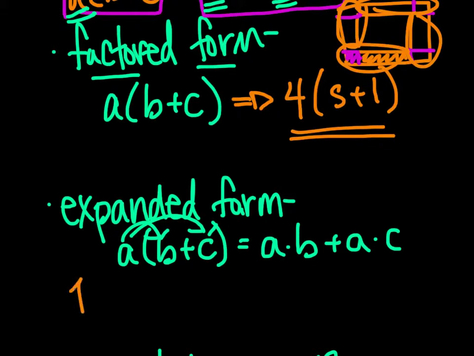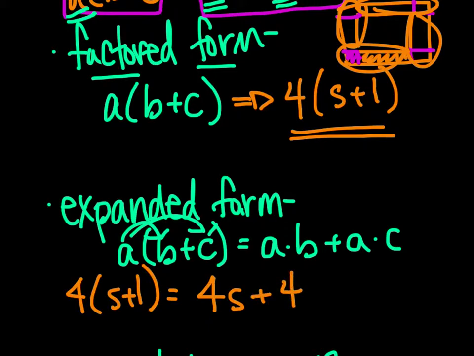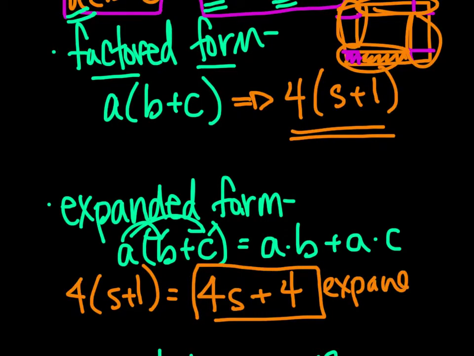Or we could also say it's 4 times (S plus 1), or we could rewrite that as saying 4S plus 4, or 4 times 1. So this right here is the expanded form of an equation.